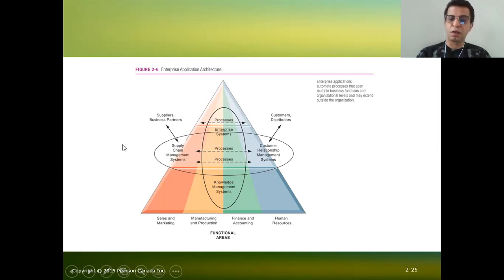The CRM system is serving the customers, the supply chain serves the suppliers for us, and we are the customer there and the supplier for the customer on this side. And the processes happen within the enterprise and the knowledge management system.